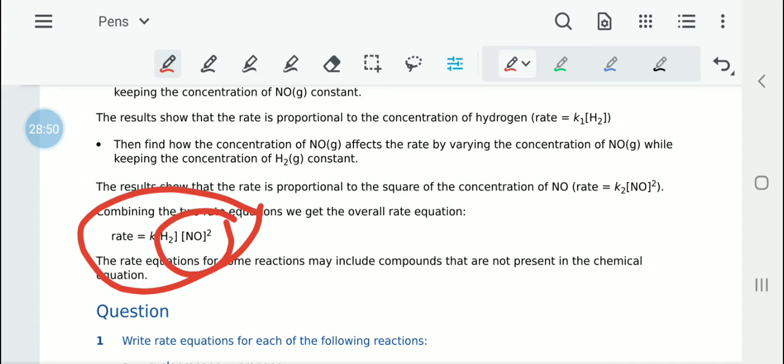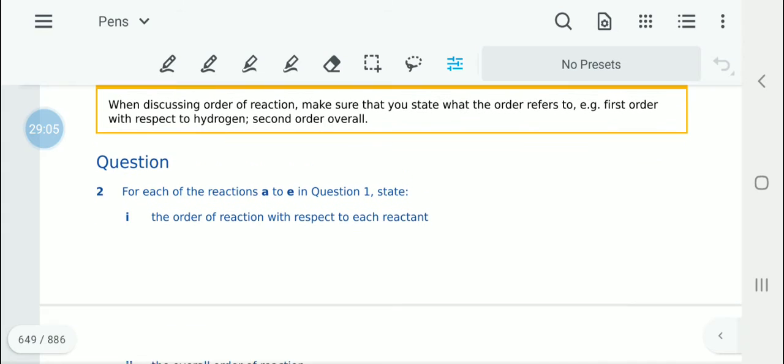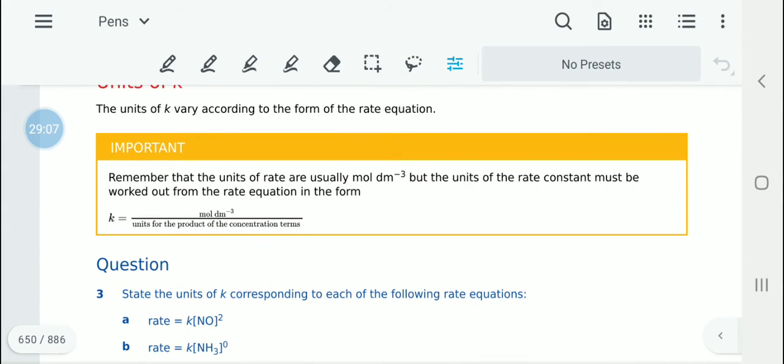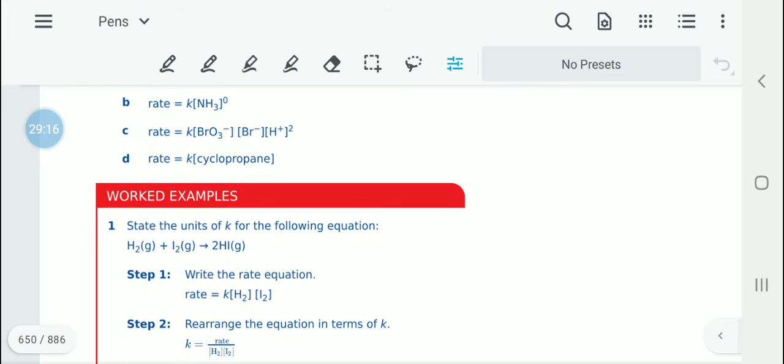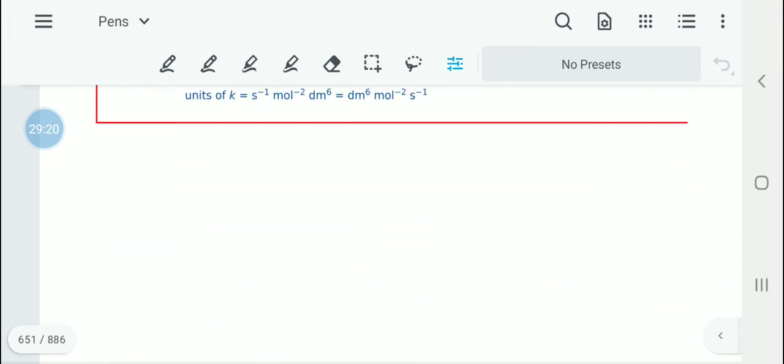The rate will usually have a mole per cubic decimeter unit, so you divide that by whatever the other concentrations are, and you will get the units of k. So k equals mole per cubic decimeter upon units for the product of the concentration terms. I hope you understood. If you did not, please ask questions. Then you will understand it better.